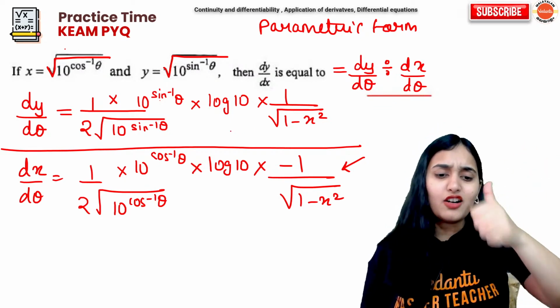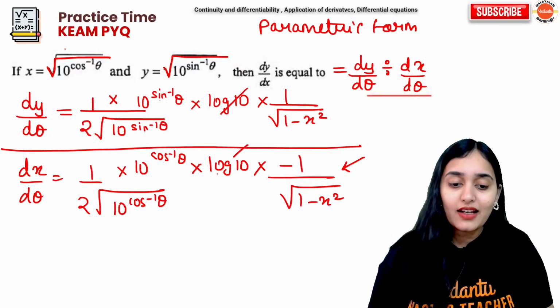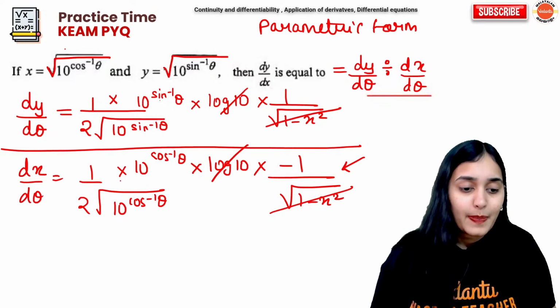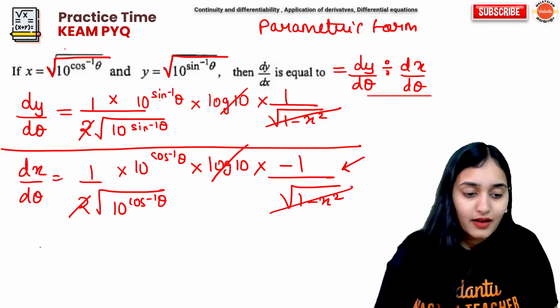Abhijit, very good, absolutely right answer. Log 10 cancels, this cancels, then the 2s cancel. So what is remaining?